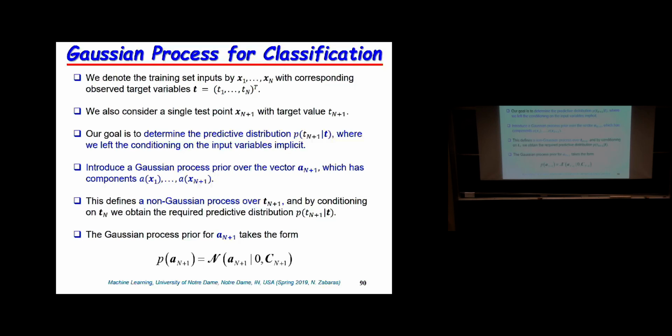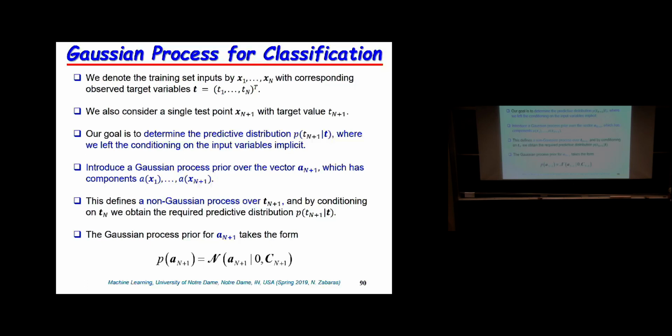Remember, we start with a Gaussian model for A. So if I have n plus 1 points, remember my training involves only n points, but I have an n plus 1 point to do a prediction there. Will you agree with me, because this follows a Gaussian process, that this equation is valid?